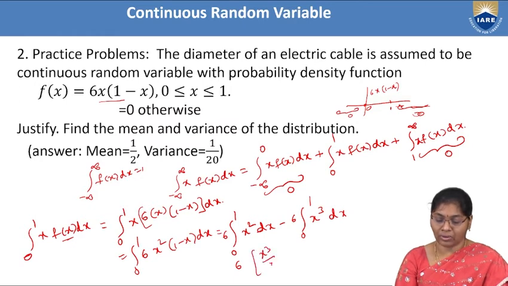The integral of x square is x cube by 3, and the integral of x cube is x power 4 by 4, from 0 to 1.